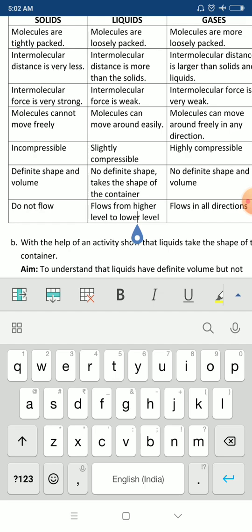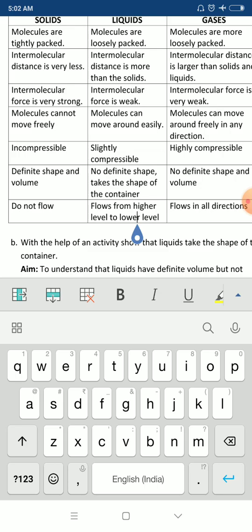We are going to start from the molecules, then the intermolecular distance, then the force, then the movement, then whether they can be compressed or not, then the shape, then the flowing property, whether the solids or liquids or gases can flow or not. So you go one by one.